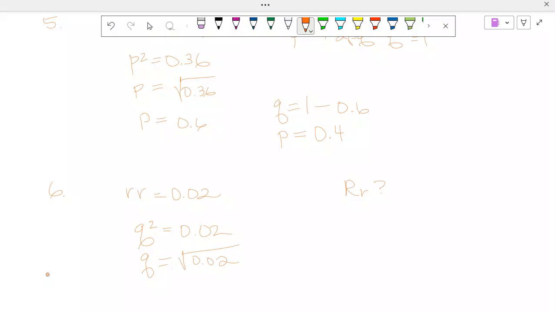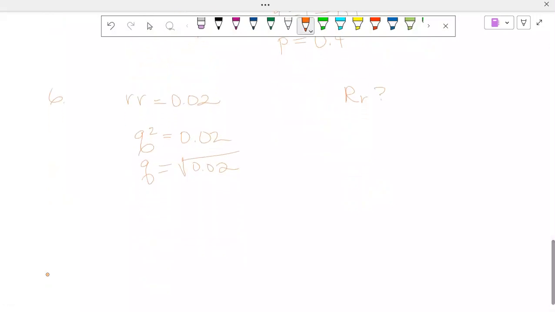To find Q, we're going to take the square root of that, and that is going to give us a Q value of 0.14. That's going to allow us then to find the P value, which is 1 minus Q, and the P value then is going to be 0.86. We know that the equation for finding heterozygous conditions is going to be 2pq.